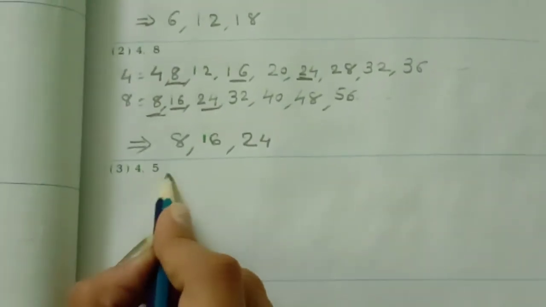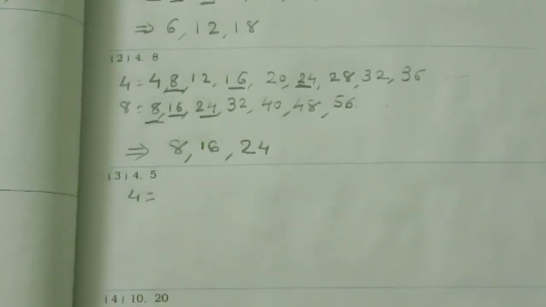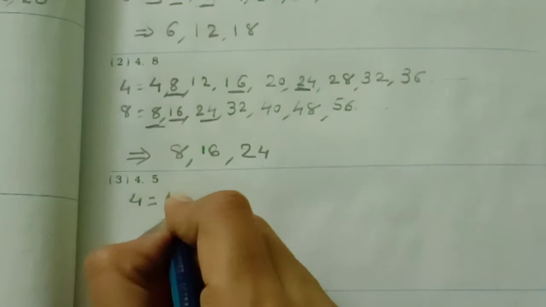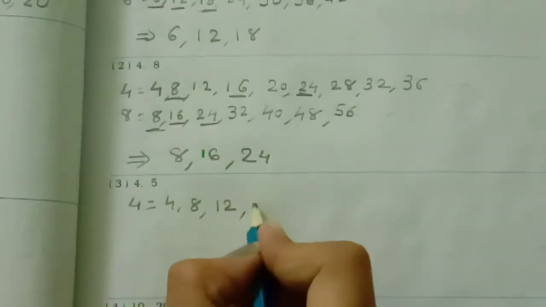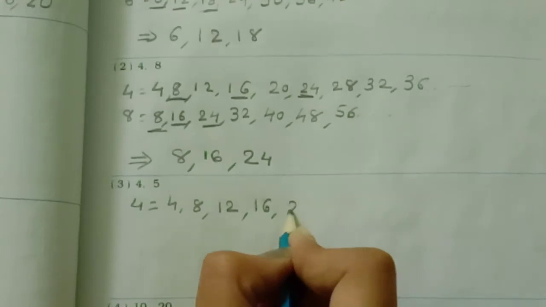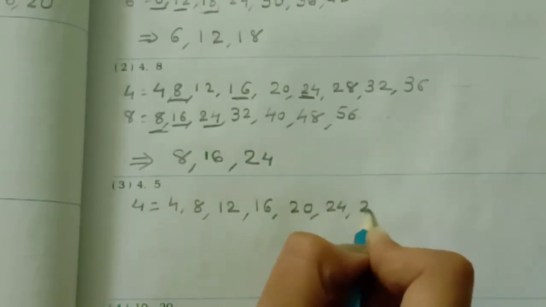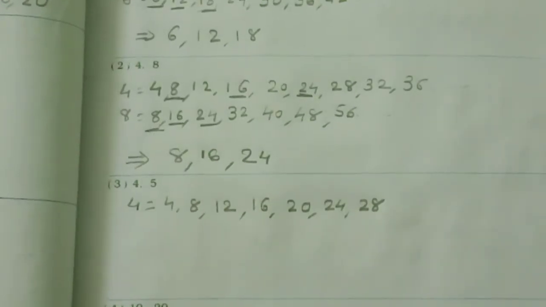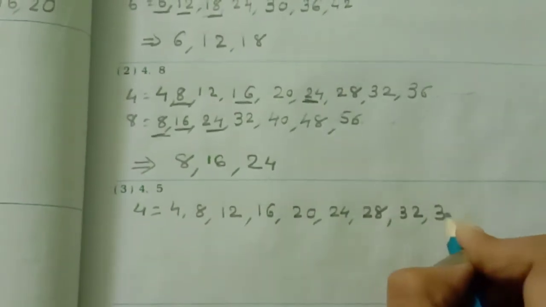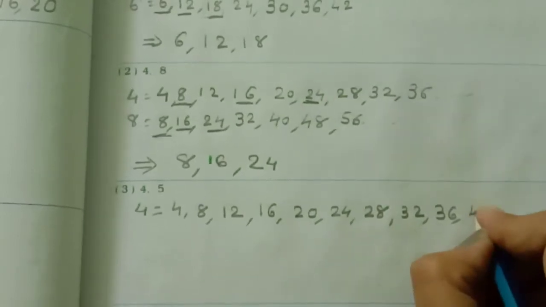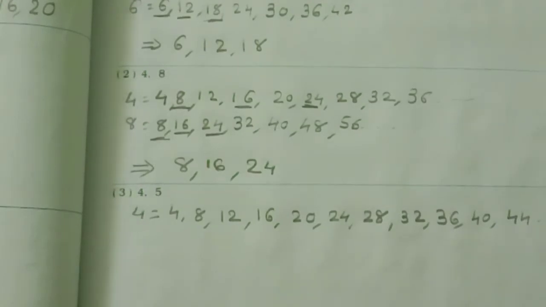Now 4 and 5. So once again we will write the multiples of 4: 4, 8, 12, 16, 20, 24, 28, then 32, 36, 40, 44 and so on.